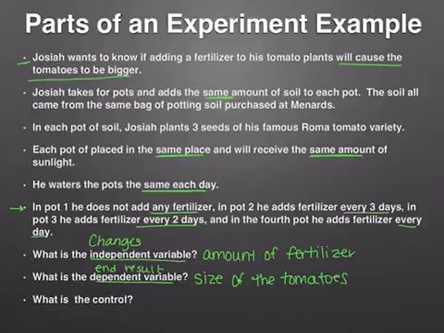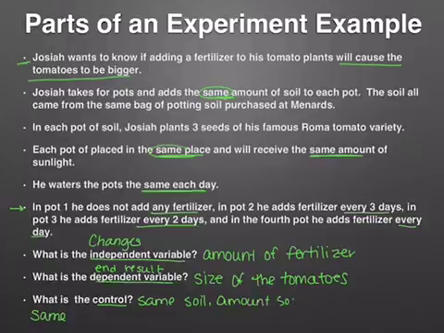And then lastly, it's looking for controls or things that are staying the same. That would be anytime you see the same written up above. So he adds the same amount of soil, the number of seeds, because he's only planting 3 seeds.